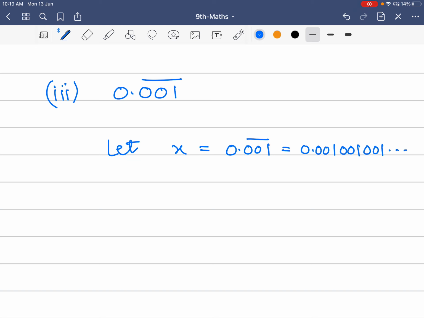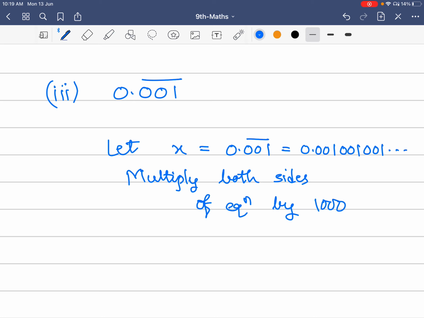So multiply both sides of the equation by 1000. Why 1000? Because there are 3 digits under this bar, hence 1000.